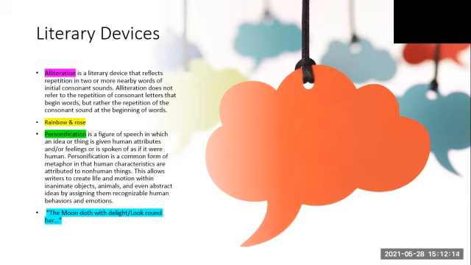Yani turning something abstract into a human, humanizing something. At the end of the day, personification is a common form of metaphor, because the word metaphor is very general, and under metaphor, we can have many things. One of these things is personification.